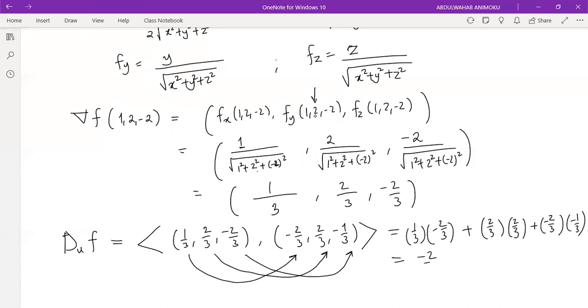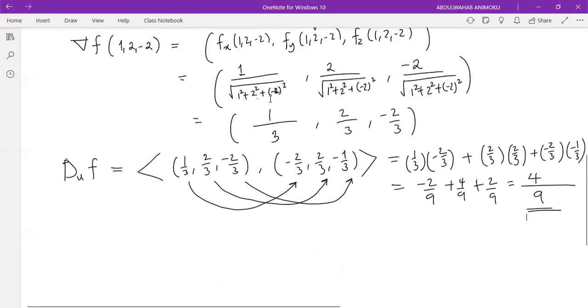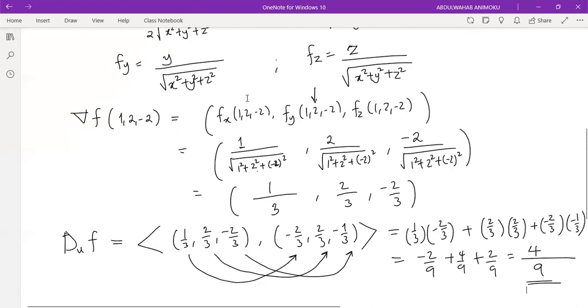This gives us minus 2 over 9 plus 4 over 9 plus 2 over 9. And when we add this together, that will give us 4 over 9. So that gives us the directional derivative of this function at that point in the direction of v.